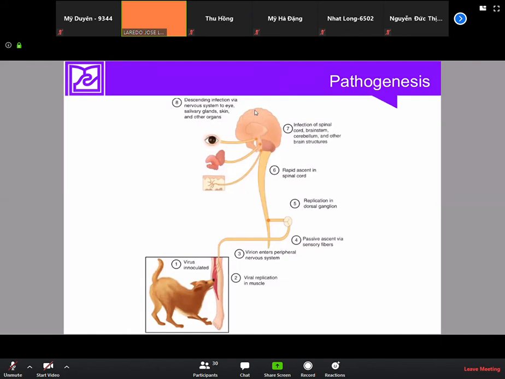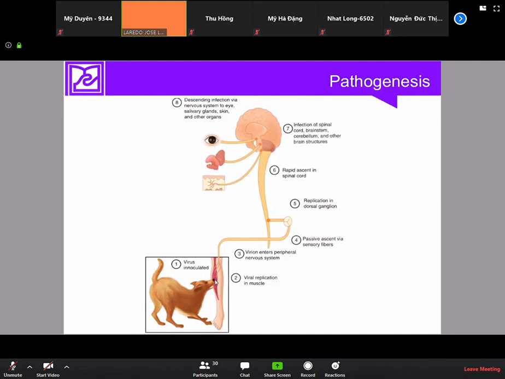So the virus replicates in the brain, in the neurons, and later the virus moves in the opposite direction, following the somatic and autonomic nerves, to the lacrimal glands, to the salivary glands, to the skin.